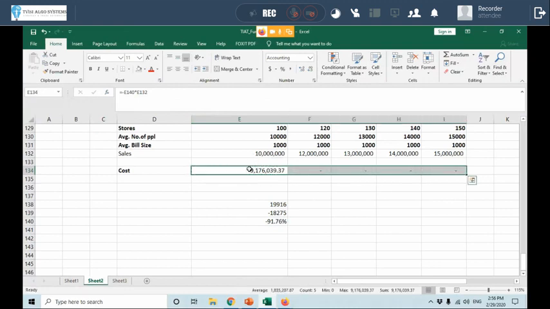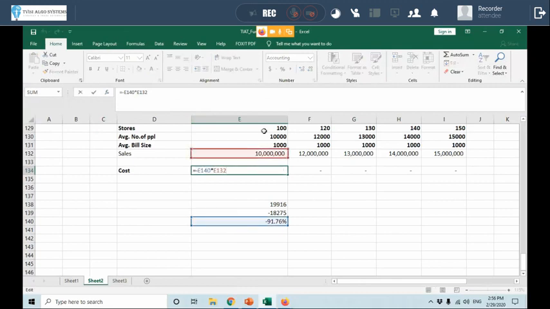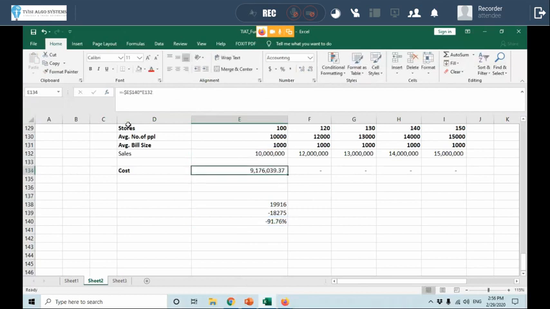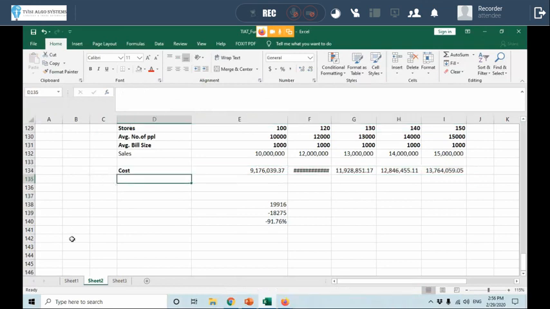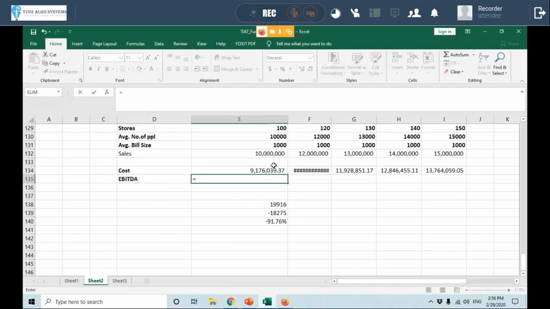What happened? Okay, E140, I'll fix this. So this is my cost. Now I have this EBITDA over here, which is equal to this minus this.